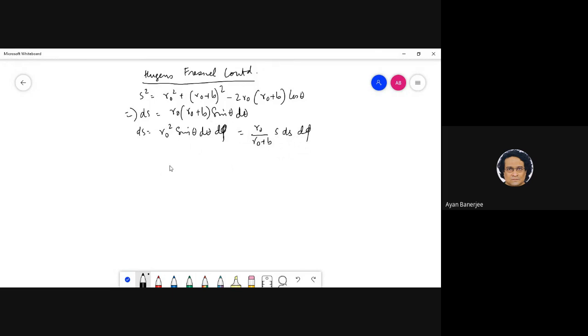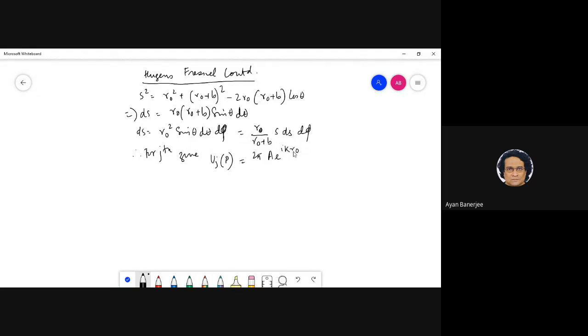So for your jth zone, you have this Uj of P. It is completely symmetrical in phi, so it is just 2 pi in phi. Theta is the one that is really varying.